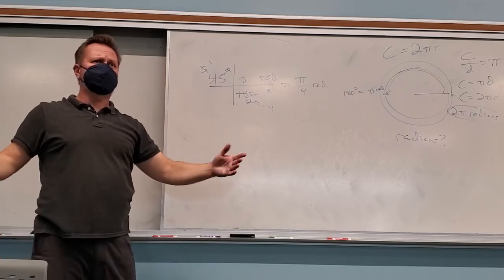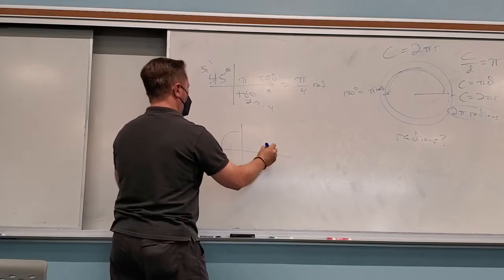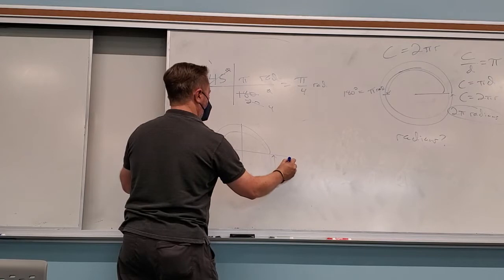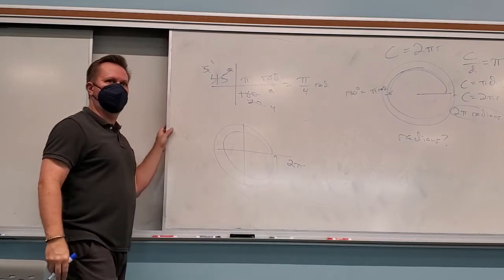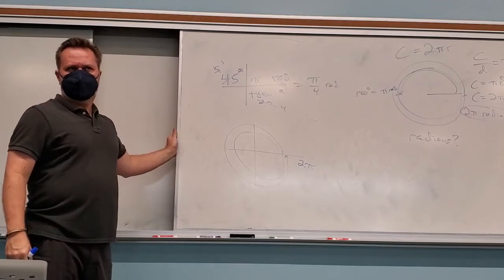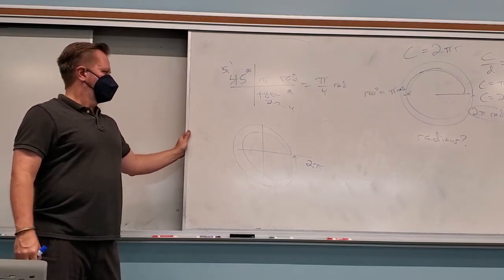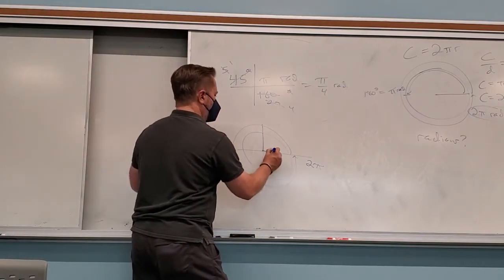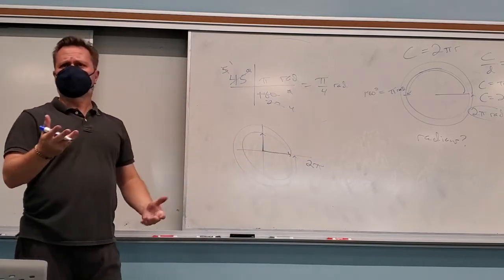Let's see why this makes sense. Remind me, if I go all the way around, that of course is how many radians? 2 pi radians. I love it. Radians don't always have pi in them, but they could. What fraction of the circle is this? A quarter, right?